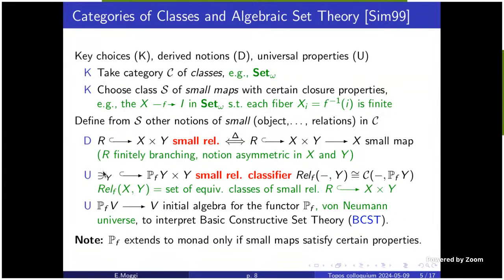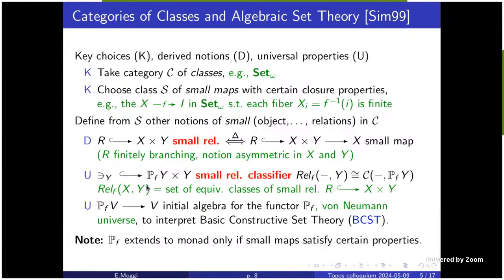So for every small relation from x to y, there is a bijection with the maps in C from x to what is called the power object of y.